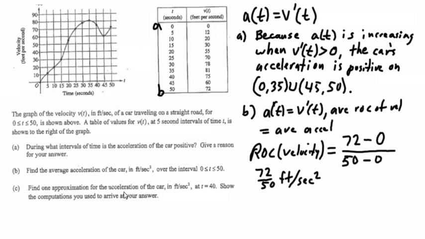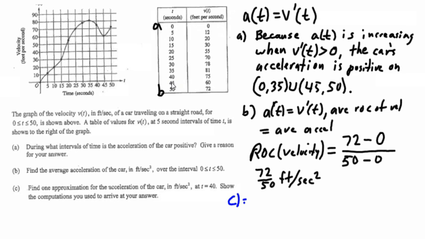And then part C, find one approximation for the acceleration of the car in feet per second squared at t equals 40. Show the computations used to arrive at your answer. So for this part C, there are different ways we can do this.